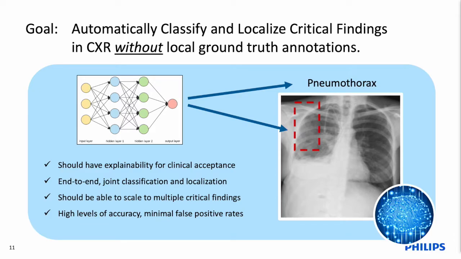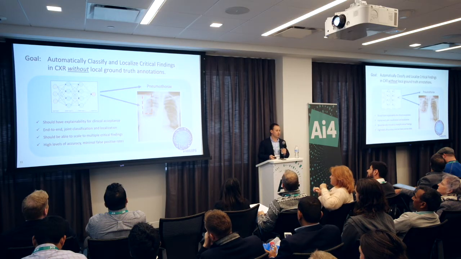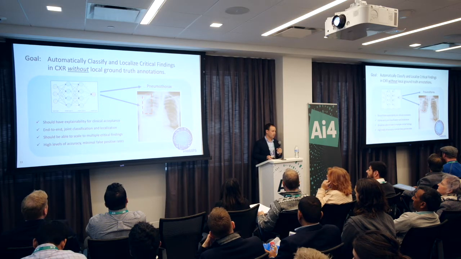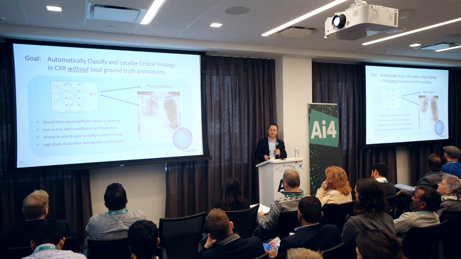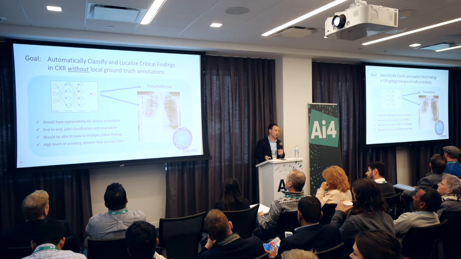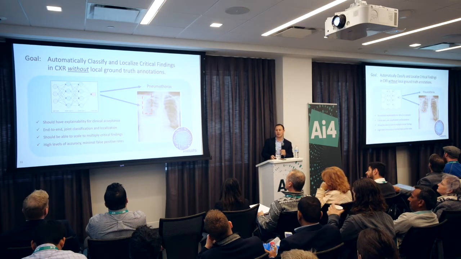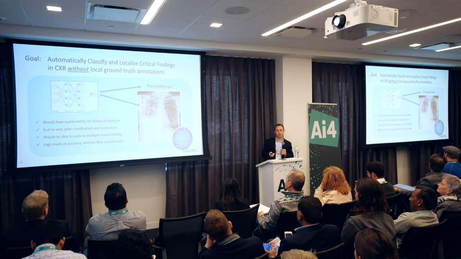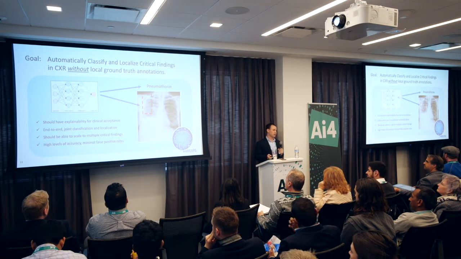So if I just told you that there's pneumothorax in this image, that it might not be accepted. A clinician might want to know, okay, where is it in the image? Because I don't know if I trust you. You just told me yes or no, and I would like to know where in the image so I can verify that that's true. Otherwise, we'd also like to design an end-to-end network.